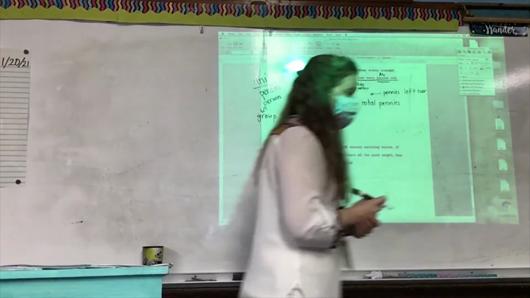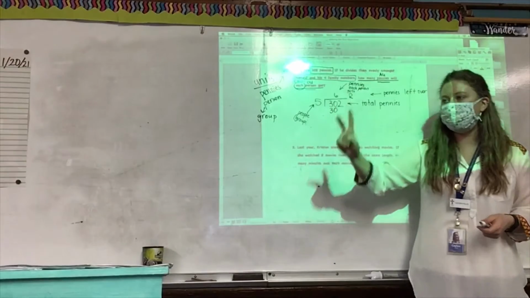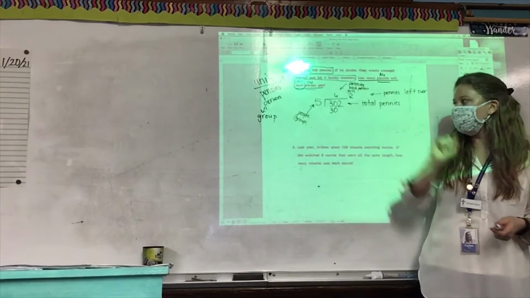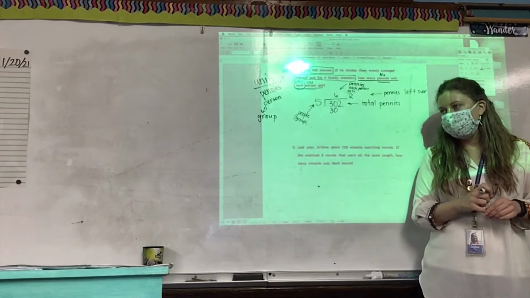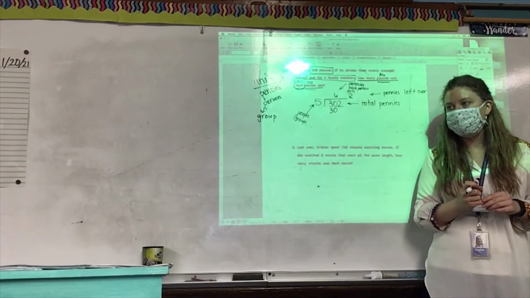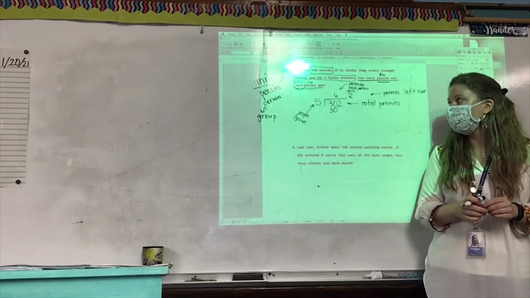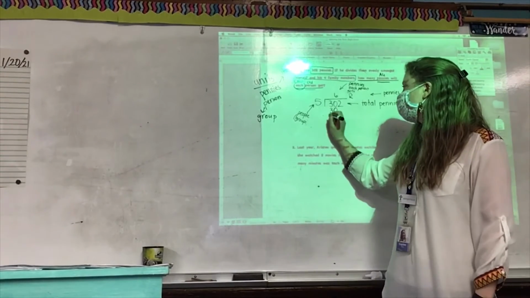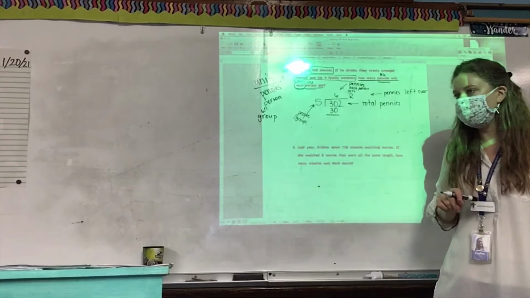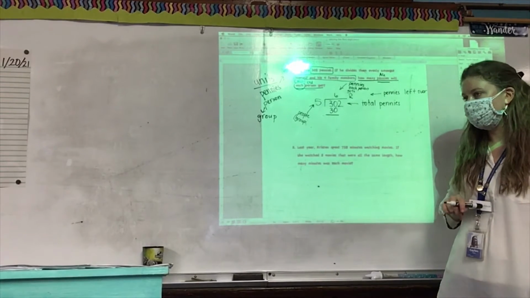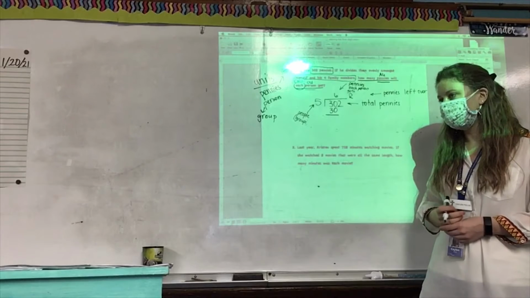Aaron, what do we do next? We just divided, multiplied, now we subtract, which means what? Try to tell me in words. We subtract the answer to our multiplication problem from our dividend.